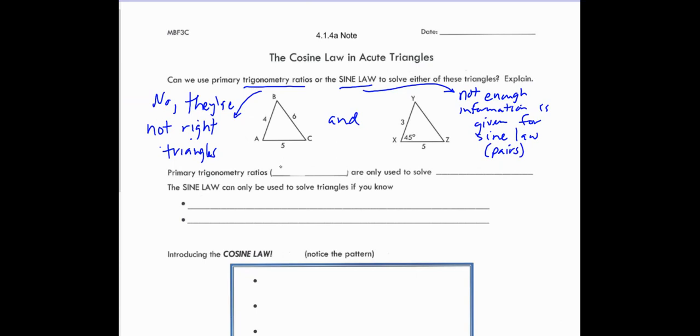So in primary trig ratios, we used SOHCAHTOA, and the primary ratios SOHCAHTOA are only used to solve right angle triangles.